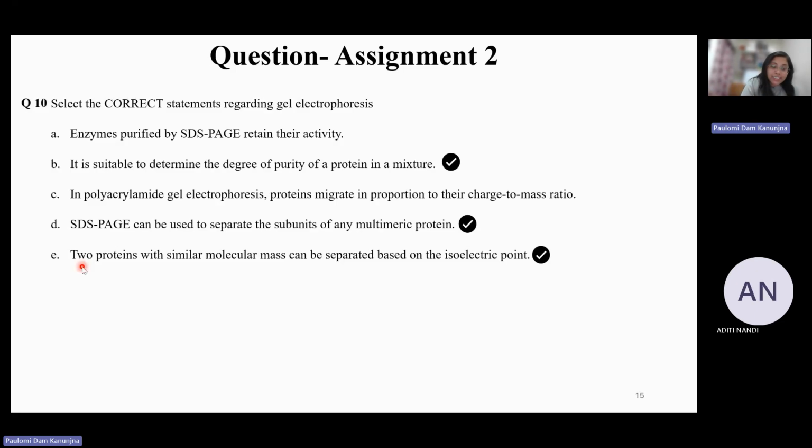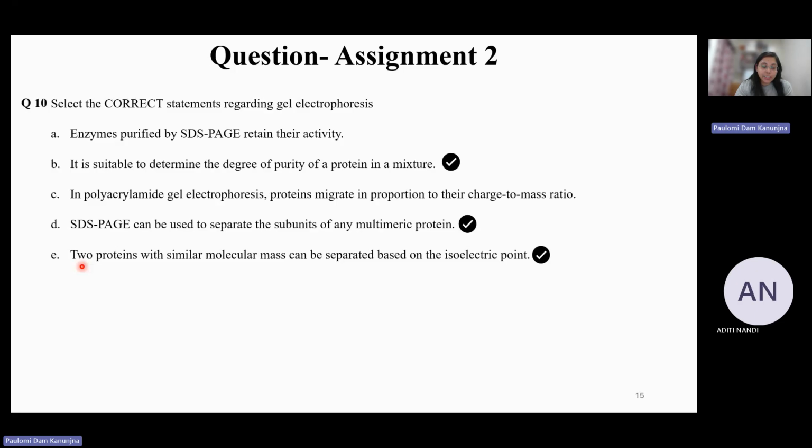So in SDS page, they primarily migrate according to molecular weight, and that's what gives the different bands. The charge is uniform because we have put a uniform negative charge using SDS. So not charge to mass, but in SDS page, it moves based on size or molecular weight, right? So that's why it's incorrect.